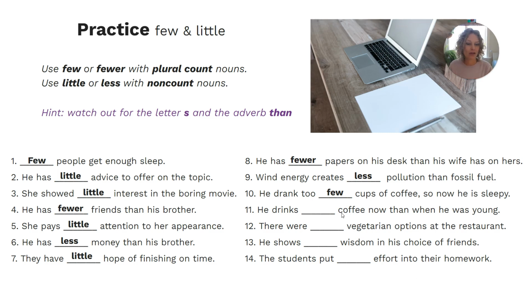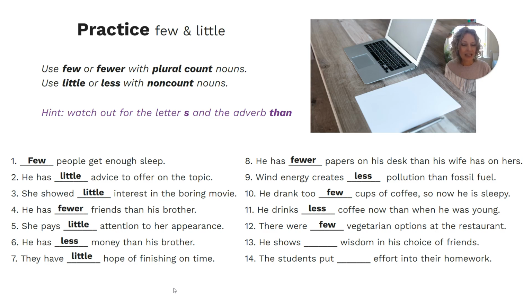It's comparative. The noun that we need to quantify is non-count, so we're using less. He drinks less coffee now than when he was young. Number 12, there were blank vegetarian options at that restaurant. So options is our plural noun there, so we need few. There were few vegetarian options at the restaurant.